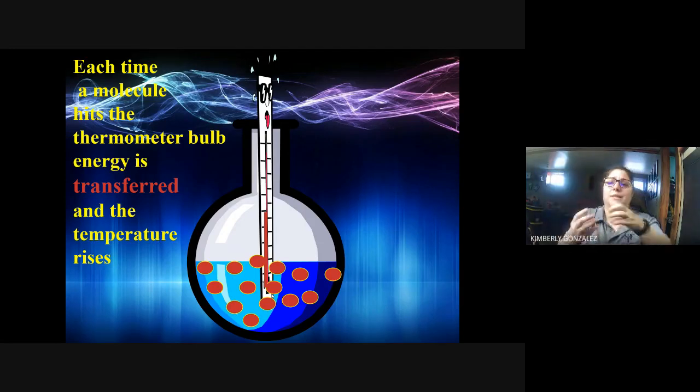Because now the molecules inside of the alcohol are moving faster and want to move away from each other more. Because remember, the more energy you have, the more you want to move away from everybody else. That's why gases are so much further away from all of the molecules versus when you have a liquid or a solid.